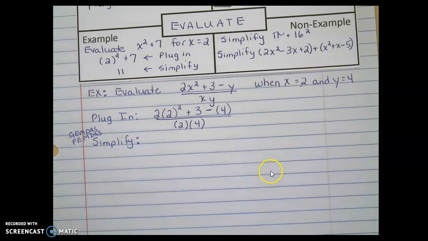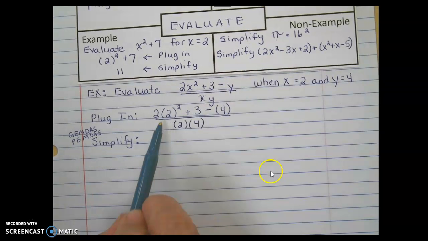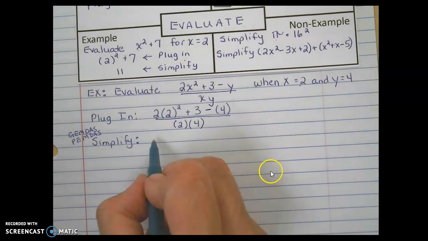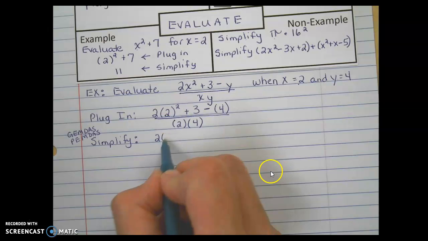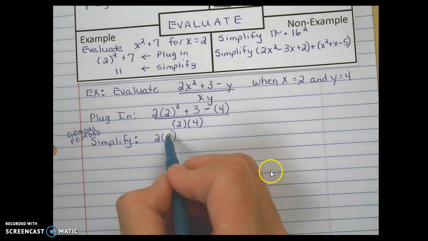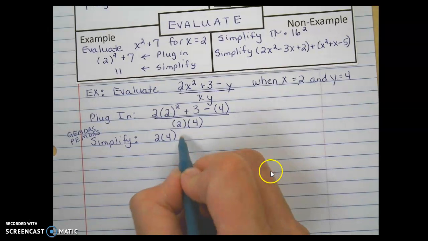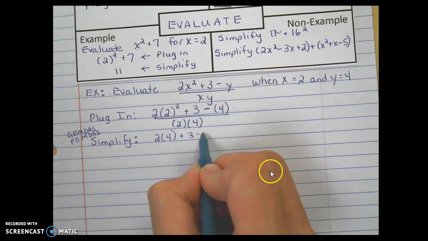And this was just your order of operations, grouping, exponents, multiplication and division from left to right, addition and subtraction. So we will do our 2 squared first. We will simplify that. 2 squared is 4, plus 3, subtract 4.